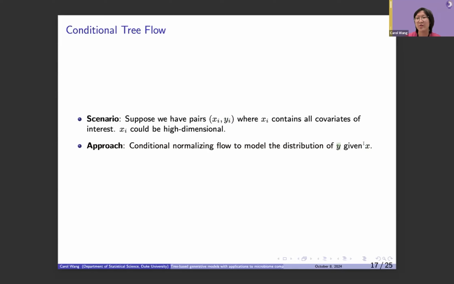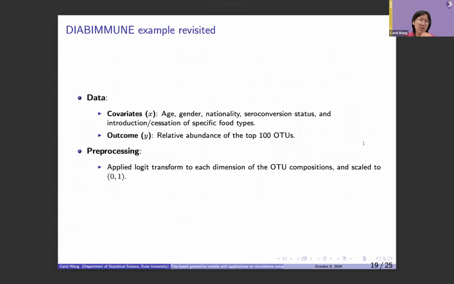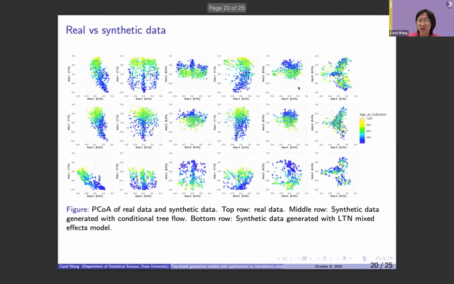And by utilizing those more flexible nonparametric generative models, what do we get? So going back to this Diabetic example, we are still using the same set of covariates and the same outcome, which is the relative abundance of the microbiome composition. We project the real data and the synthetic data we generate from these two classes of models to a lower dimensional space.